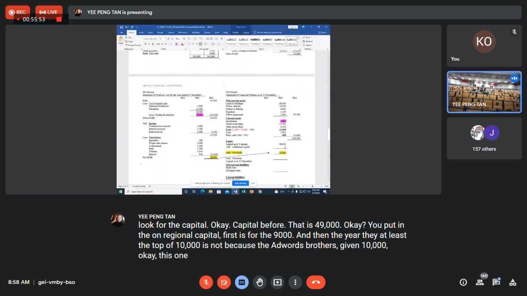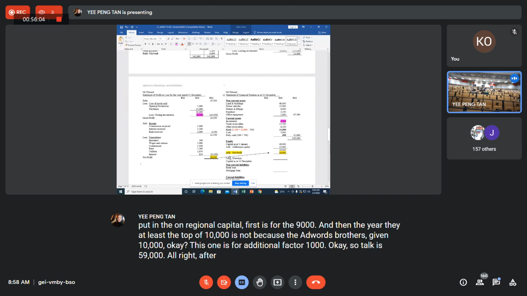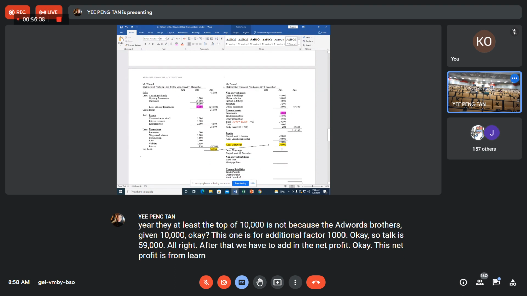This is called additional capital, 10,000. So total is 59,000. After that, we have to add in the net profit. This net profit is from your SOPL. So add in, you will get 75,000.